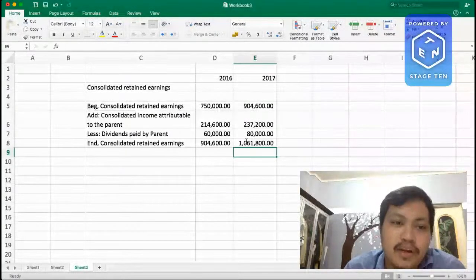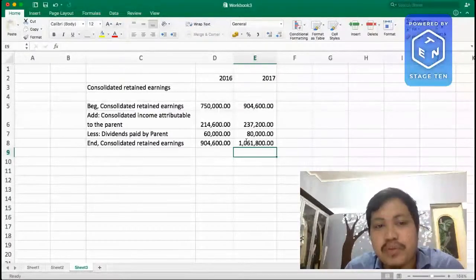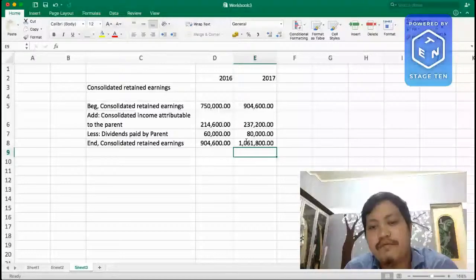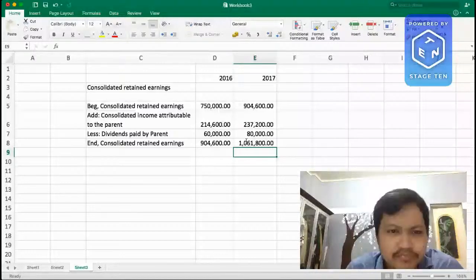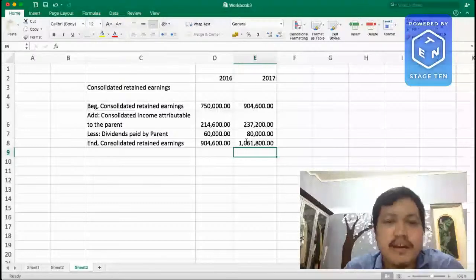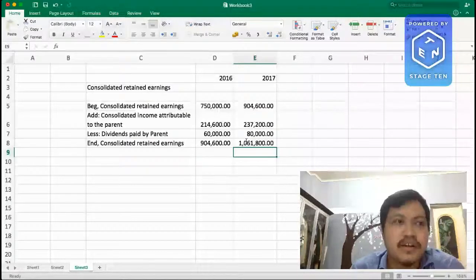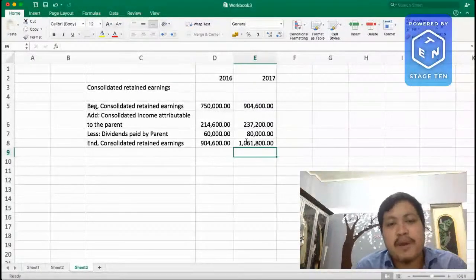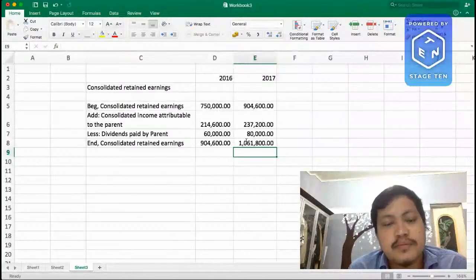And remember, in computing for the consolidated income attributable to the parent, we remove dividend income received from the subsidiary. Okay, so if we are comparing the retained earnings reported by the parent in its separate financial statements and the consolidated retained earnings, we expect the consolidated retained earnings to be greater because it includes the share of the parent in the income of the subsidiary.